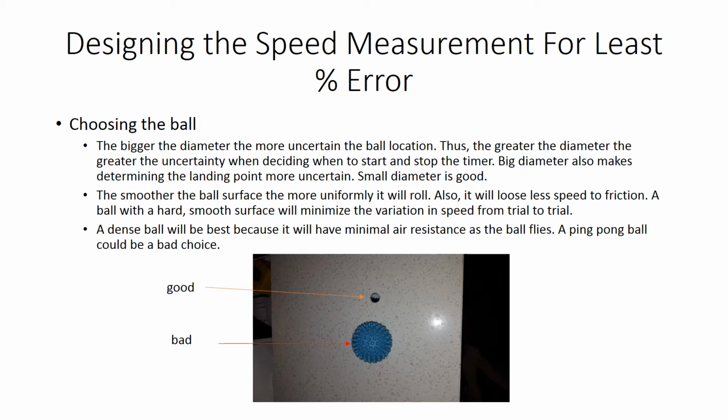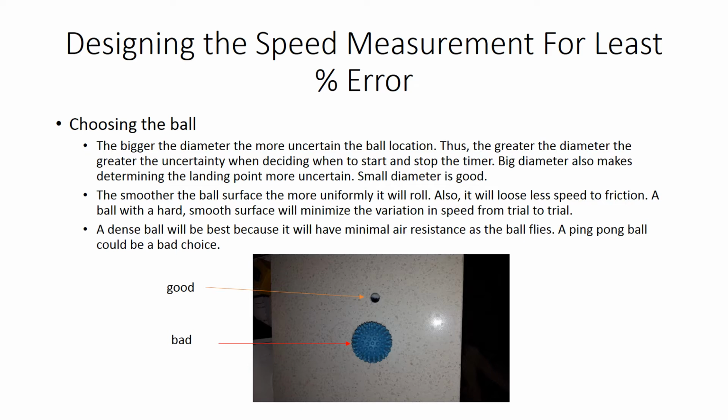And then we design to eliminate error so that the final answer is as precise as it can possibly be, meaning that it has the least amount of random error, and as accurate as it can possibly be, meaning that we have convinced ourselves that we've eliminated all systematic errors.